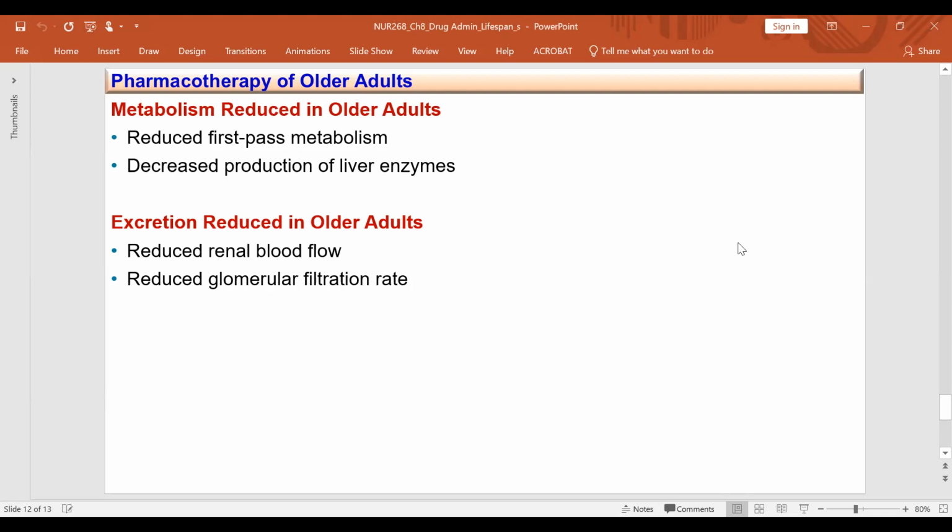And what are the reasons for intentional non-adherence to the medications? Either the drug is too expensive, the drug has too many side effects, or the older adult's conviction that the drug is unnecessary or the dosage is too high.